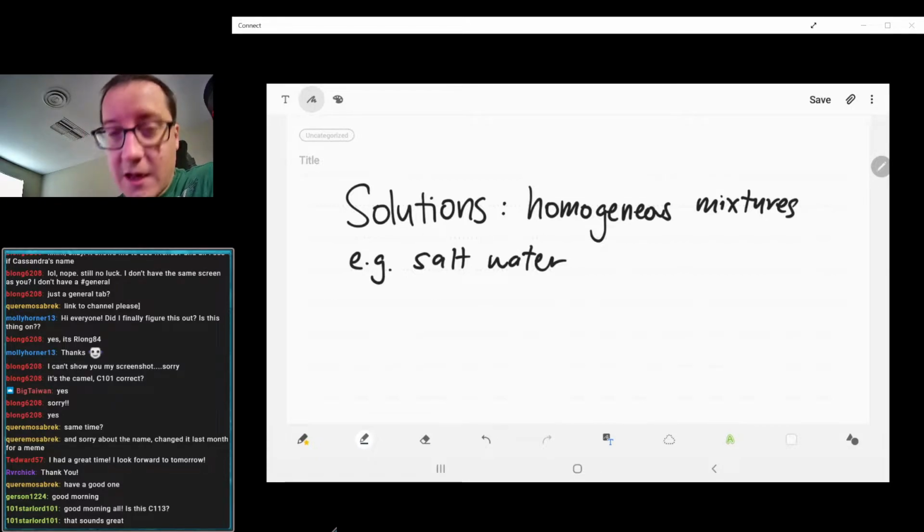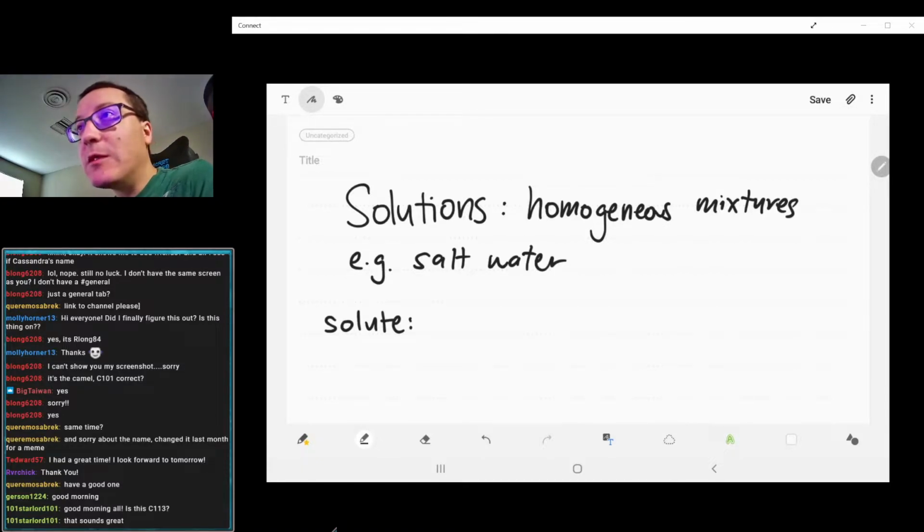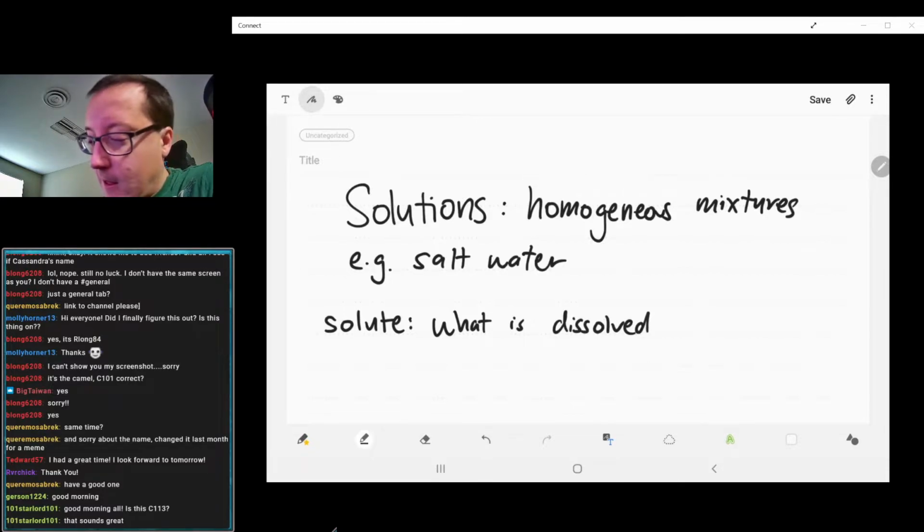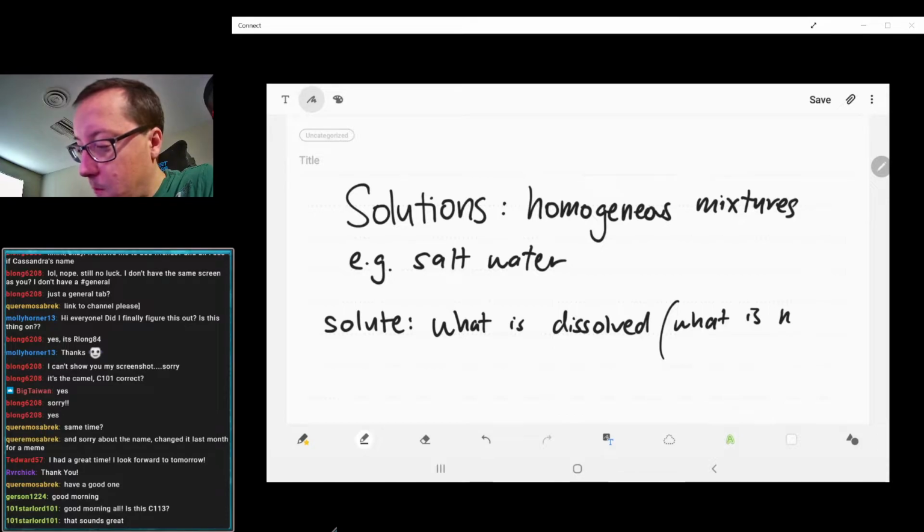We're going to have a few vocab terms here. We're going to have the solute, which is what is dissolved. Another way to talk about that is what is not the major component.